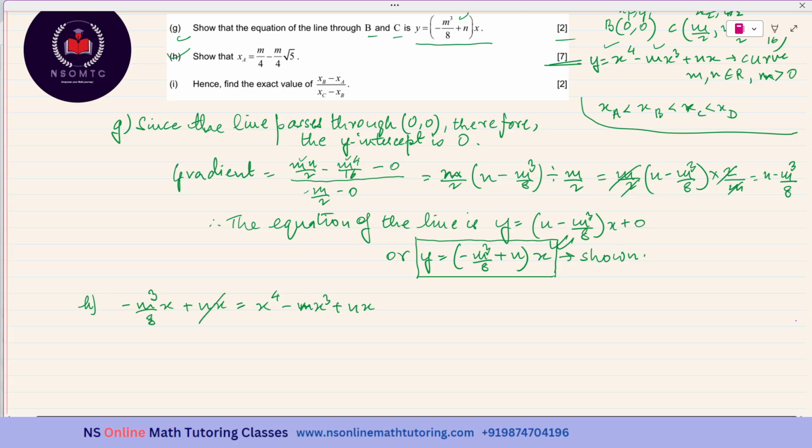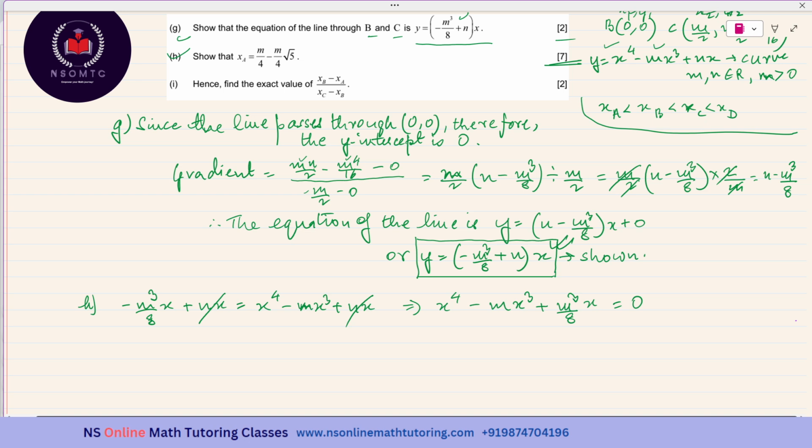And now we see that the nx and nx, I can cancel these two, or I can subtract nx from both the sides. Okay. And so I am getting the expression in this form. x to the power of 4 minus mx to the power of 3 and plus m cube over 8 x is equal to 0.